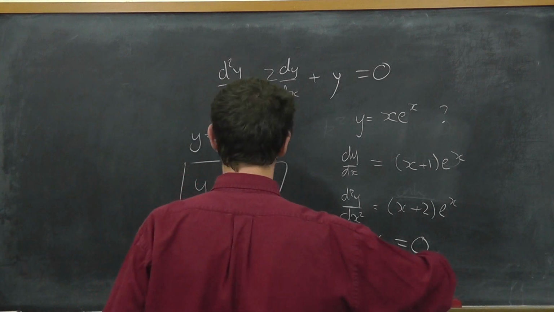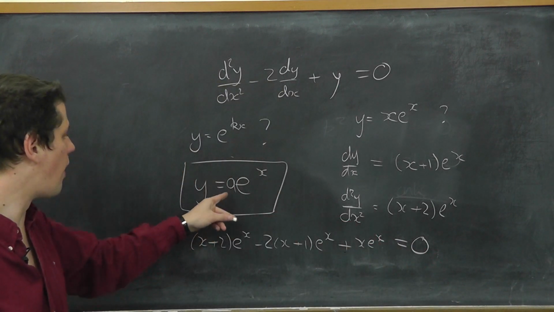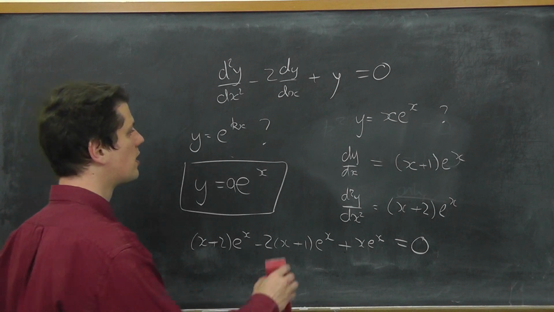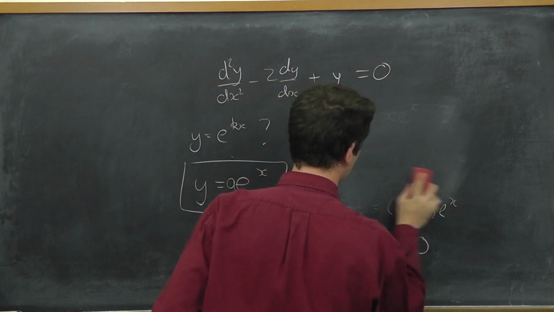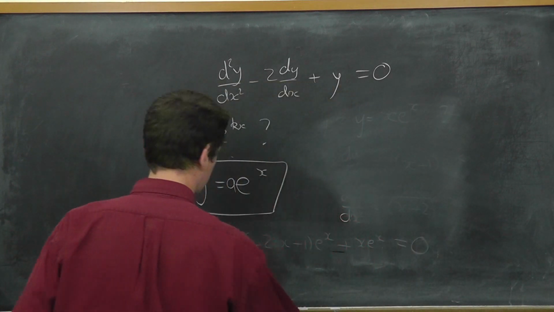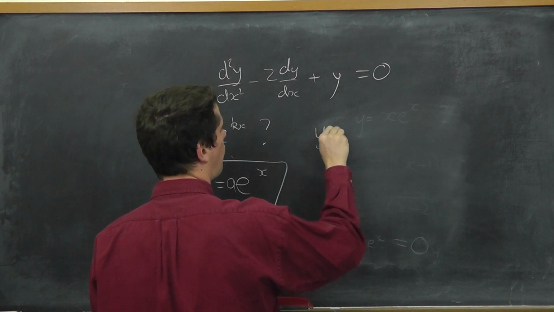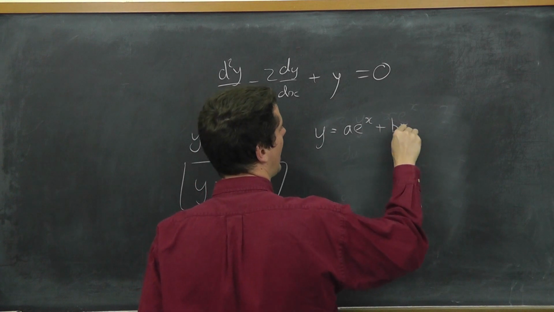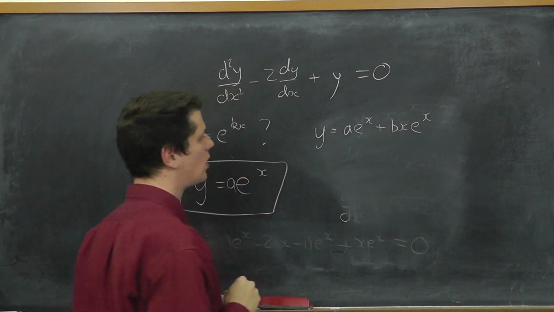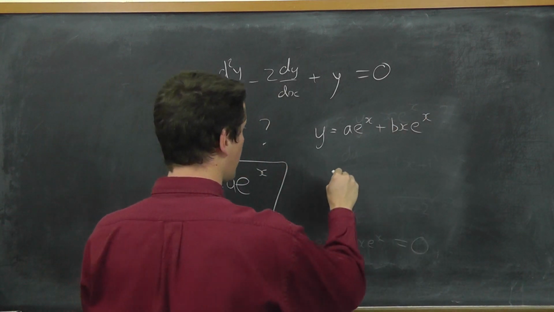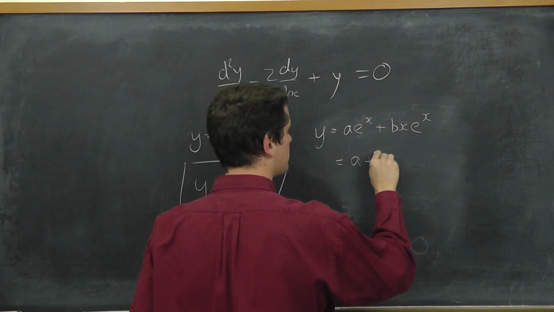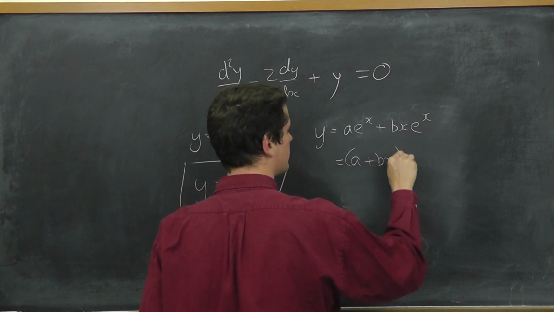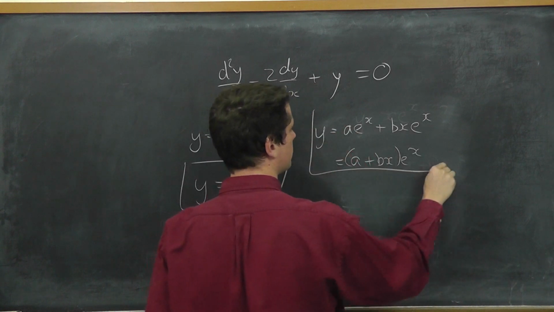So we find that our general solution is in fact not y equals a times e to the x, but y equals a e to the x plus bx e to the x, which if we preferred, of course, we could write as a plus bx times e to the x.